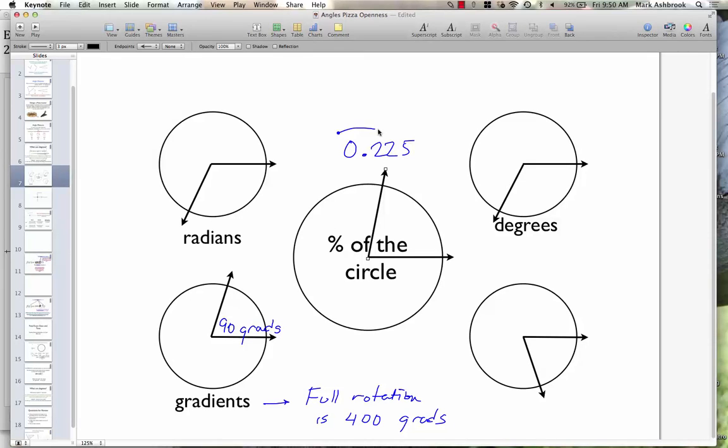And then how would we get degrees? Now we know what fraction of the circle it is. To get degrees, we take that fraction of 360, or multiply by 360. To get radians, we take that fraction of 2 pi. This is the best way to convert angles. It all goes back to percent of the circle, and then there's nothing to memorize.